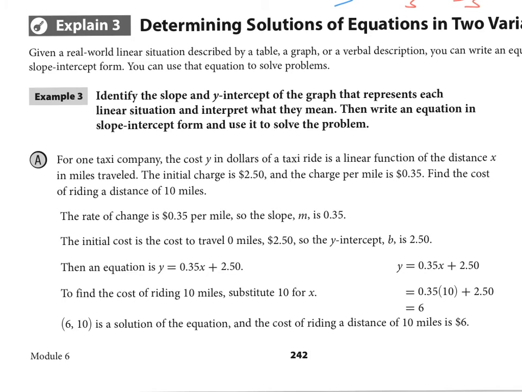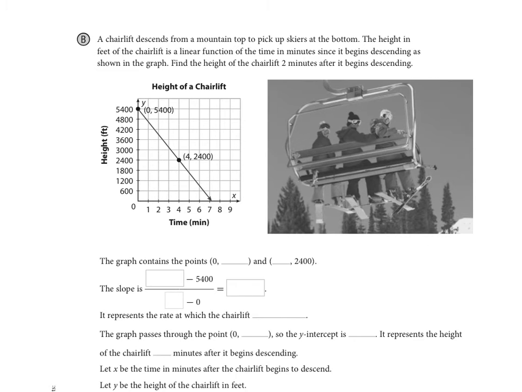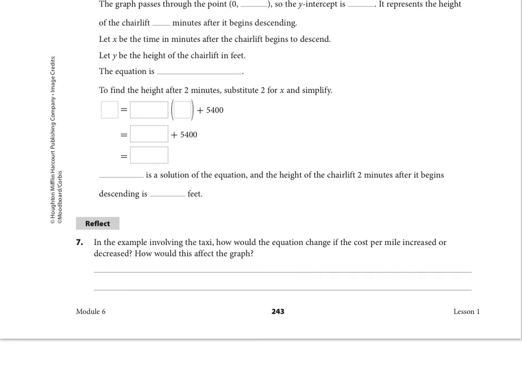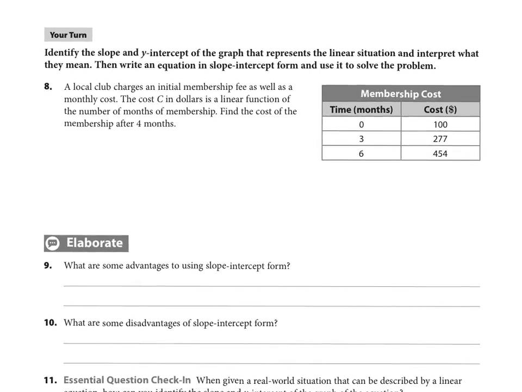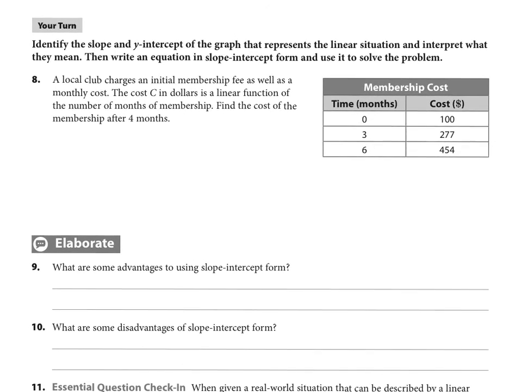Okay, so the last thing here is interpretation of a word problem. Okay, determining the solutions in 2 variables. What do we mean by that? They give you an example here. I'm going to go again straight to your term problem and go through this one with you.